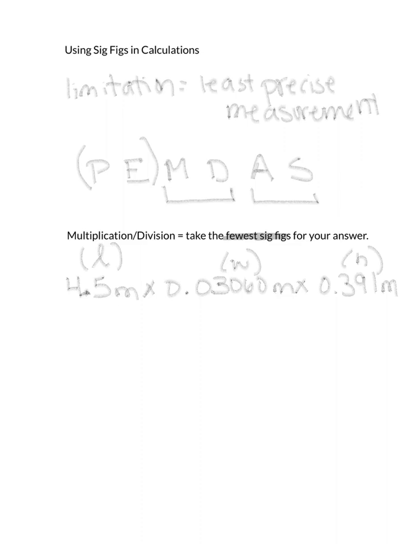If I look at my units, the units would also multiply, so my answer would be in meters cubed. By the way, there's quite a bit that comes out of the calculator with this. If I just punch in 4.5 times 0.03060 times 0.391, I get 0.0538407 meters cubed.